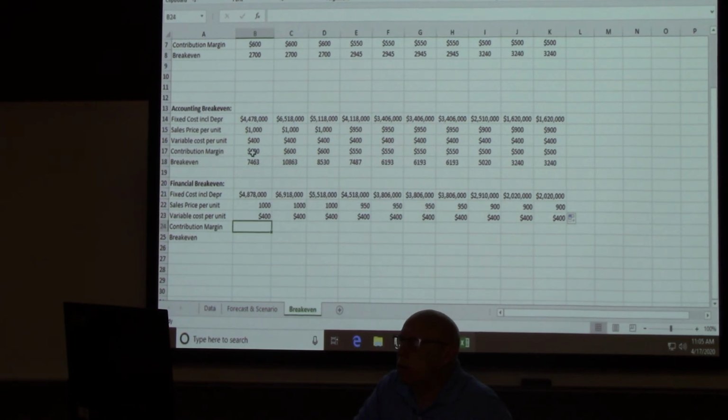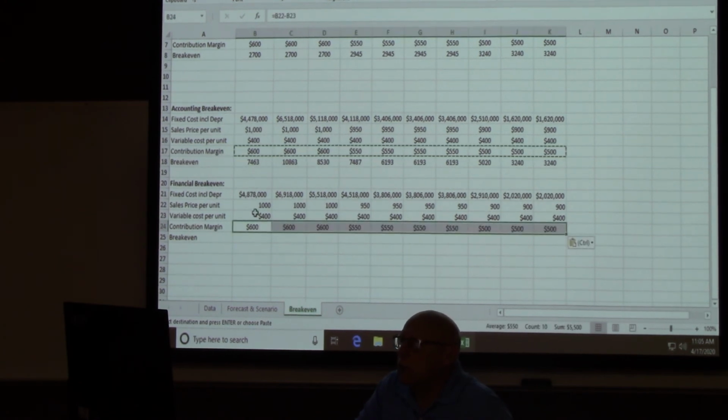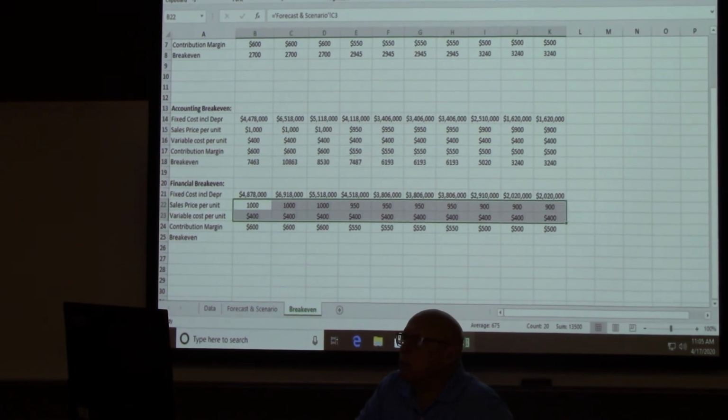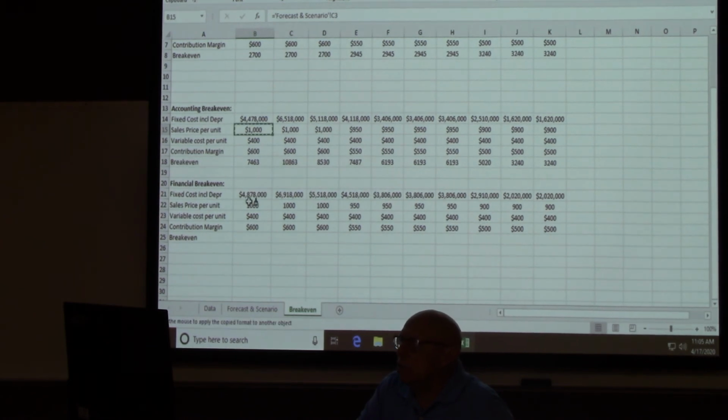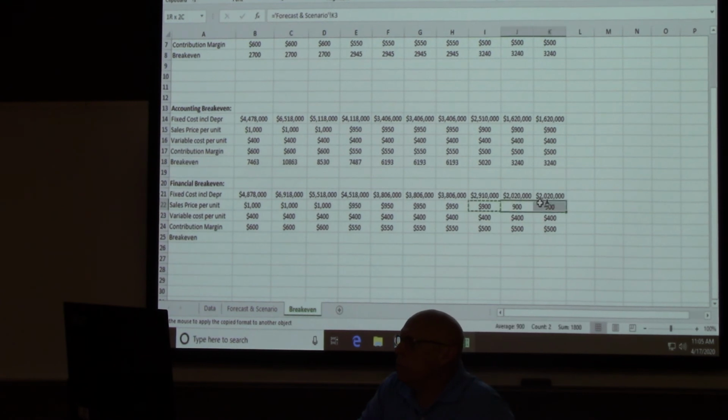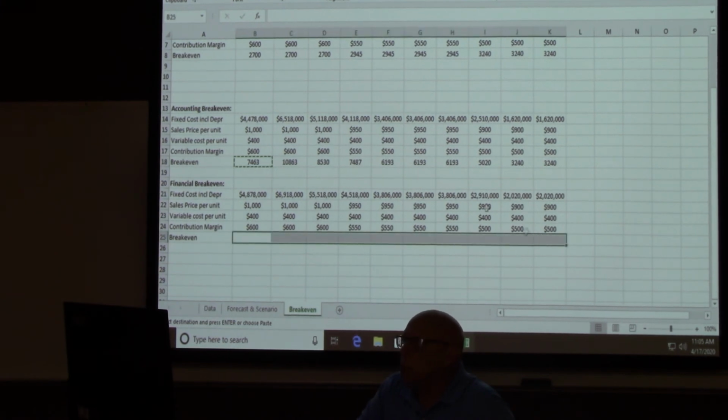All right, the contribution margin, I'm not sure. Anyway, equals that. Let's make sure that these are centered, and that the format is good on that, and copy this over here as well.